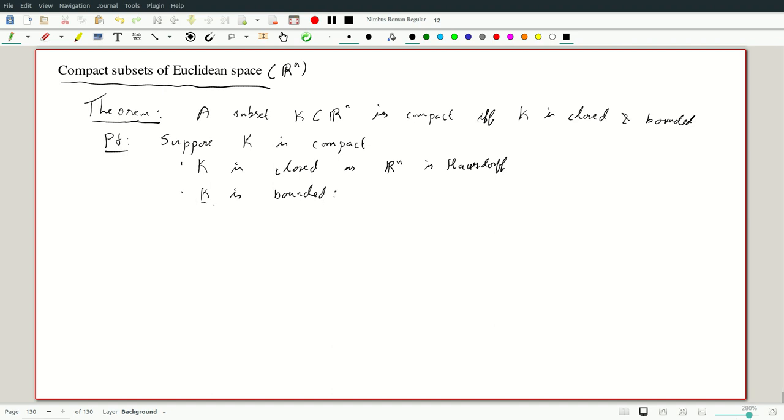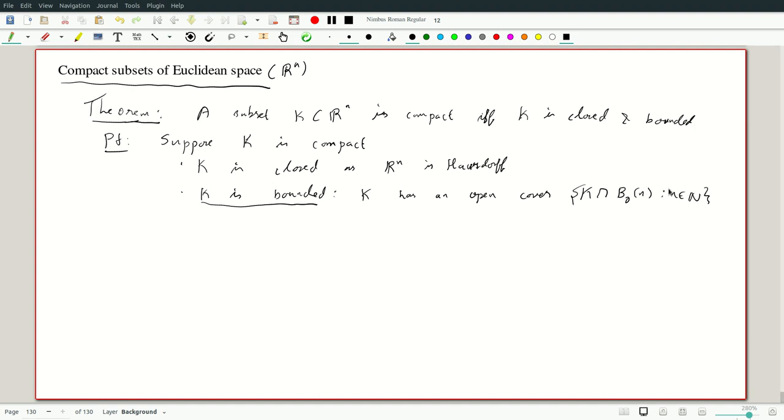K is bounded. Well, K has an open cover by K intersection the ball around the origin of radius n, where n is in the natural numbers.